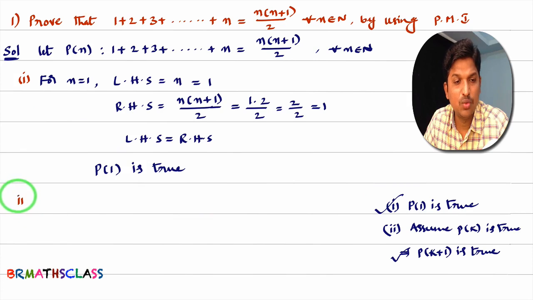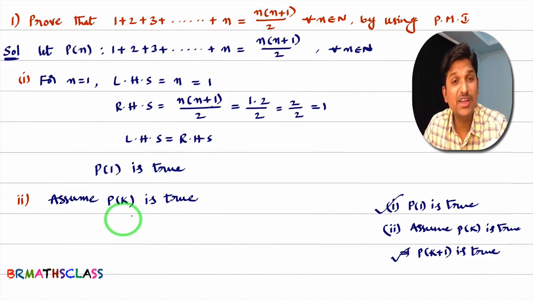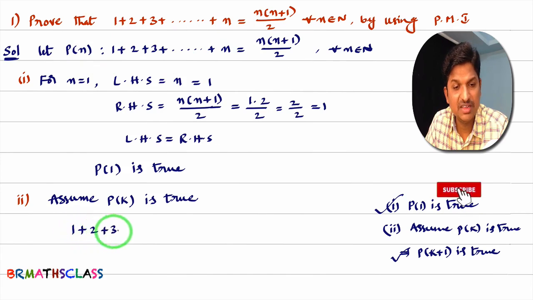Now second step. What is the second step? You assume P of k is true. By assuming P of k is true, you prove that P of k plus 1 is true. P of k is true. What is P of k? We know P of n. P of k means in this statement, wherever n is there you write k. So I'll write P of k. What is P of k? 1 plus 2 plus 3 plus and so on plus k.